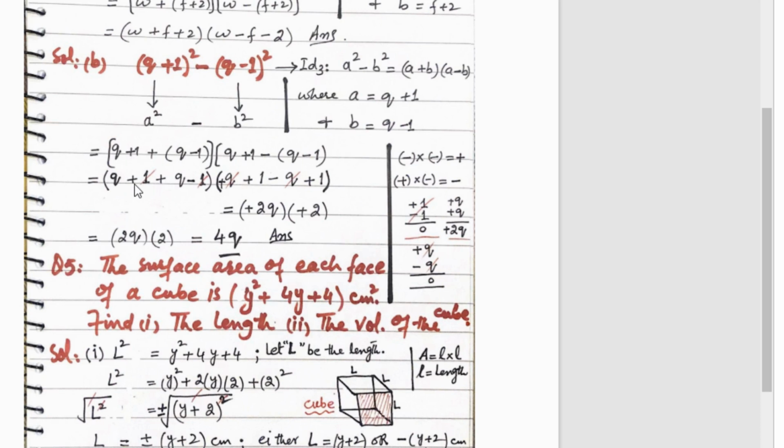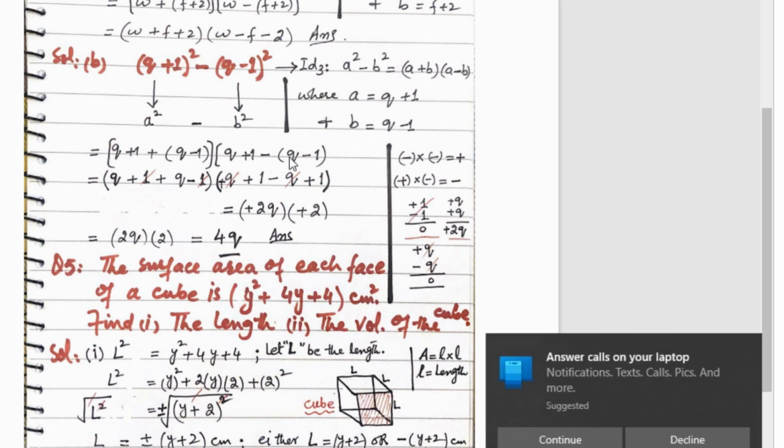Likewise, come to the next step. Q plus 1 plus q minus 1, we will open the bracket because the plus sign has no effect on the terms inside the bracket, so they will come out as they are. Now in the next factor, q plus 1 will come as it is, but this minus sign will change the signs of q and 1. Q is plus when there is no sign with a term which is the starting term of an expression.